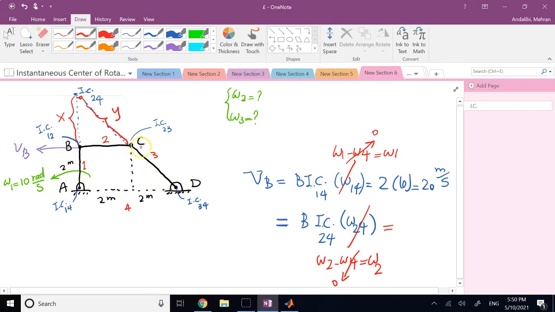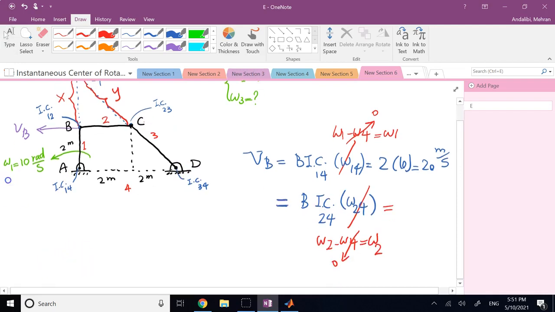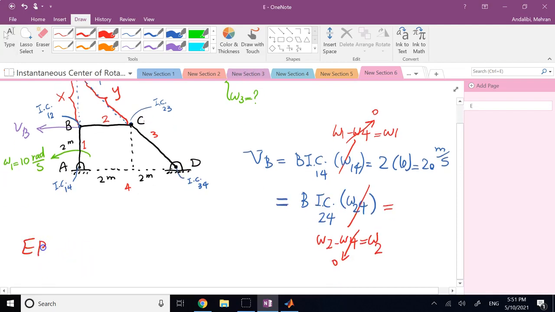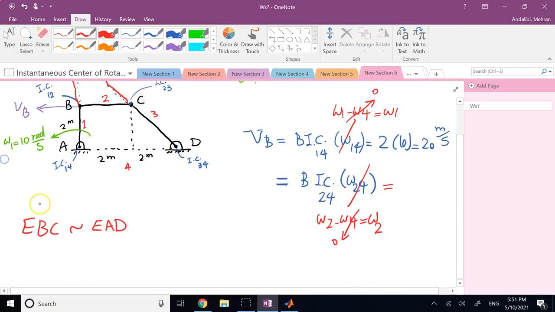In this case, because line BC is parallel to line AD, I have 2 triangles. If I call this center here point E, if you look, I have 2 triangles, EBC and EAD. So I can say that triangle EBC is similar to triangle EAD. Both have 1 common angle and both have a 90-degree angle.